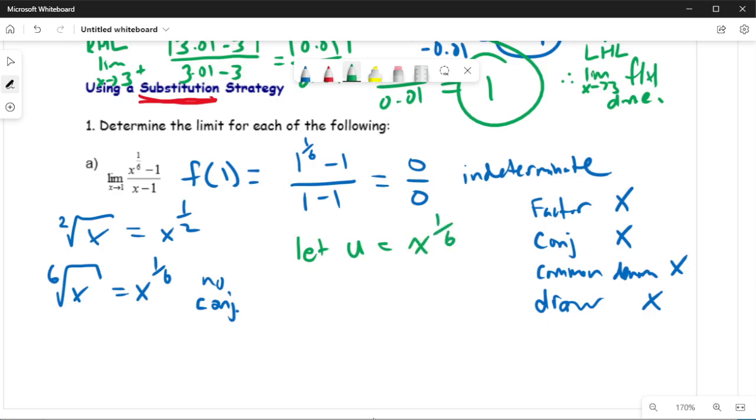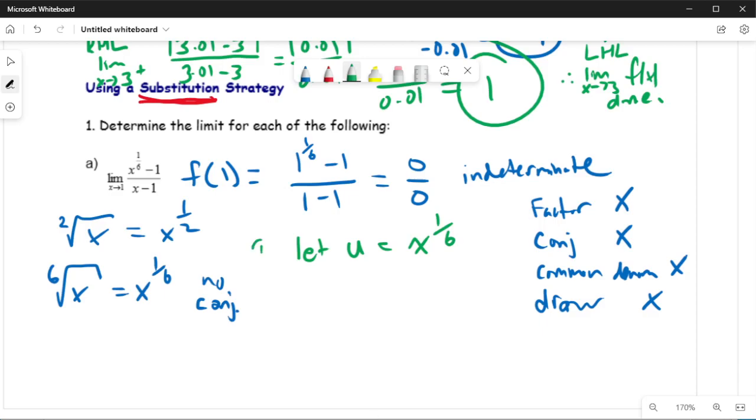The reason I'm doing this is because I want to take something in my question that is difficult and write it in a way that I might be able to work with more easily. So you take the part of the question that looks the most complicated, this x to the 1/6, and replace it with a different variable. So let u equal x to the 1/6.